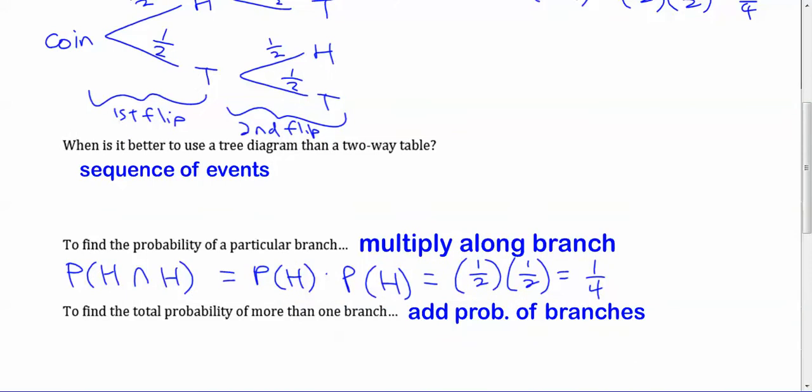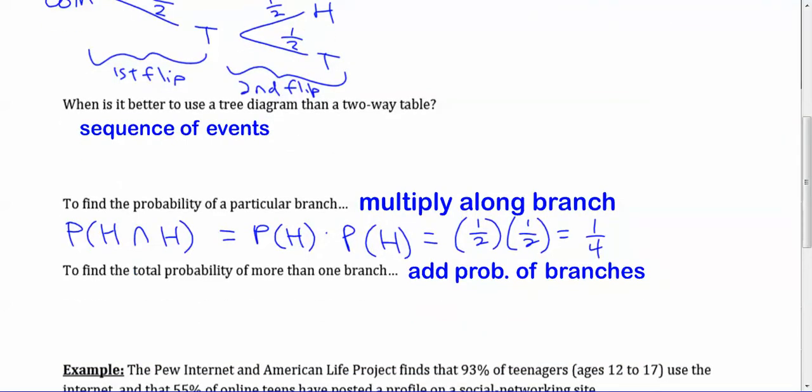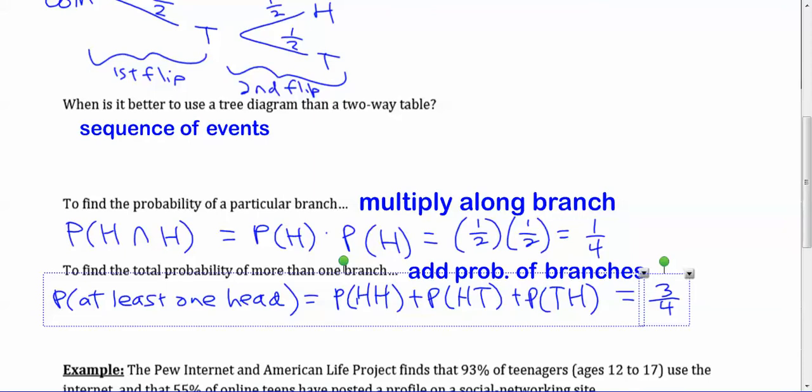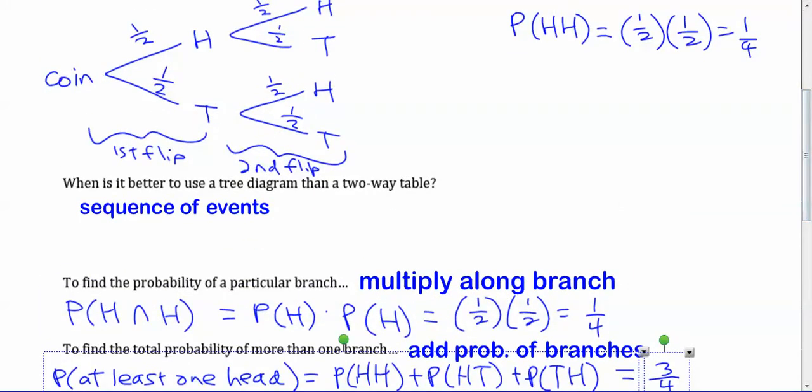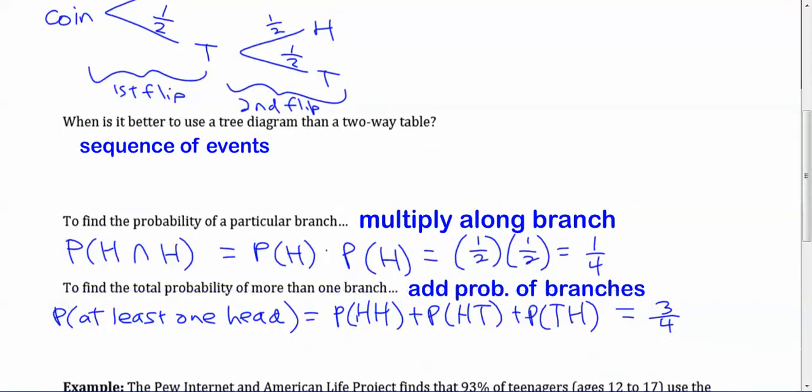So if I asked a slightly different question, for instance, what is the probability of getting at least one head, then that's going to be the probability of those top three branches: the probability of getting heads and heads, the probability of getting heads and tails, the probability of getting tails and heads, and I would add together those three branches.